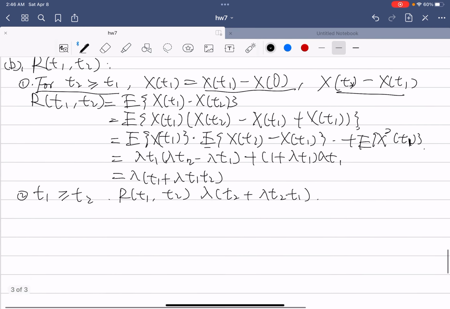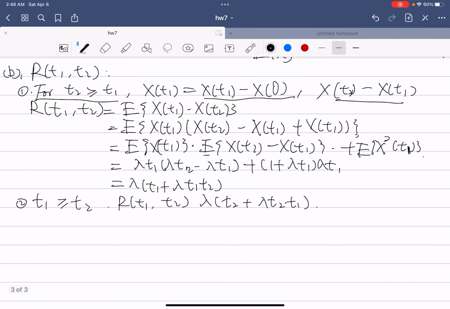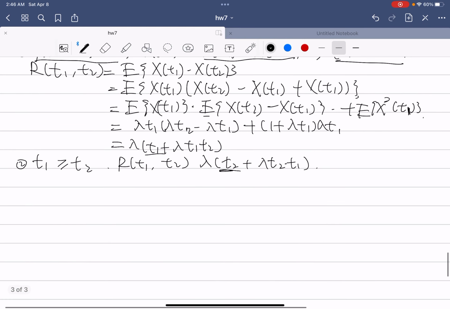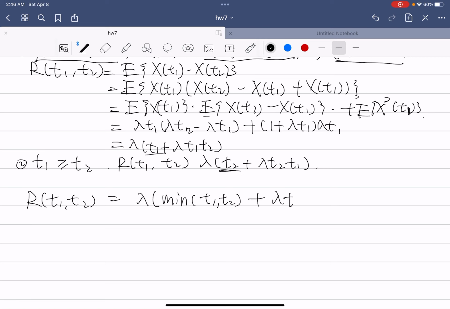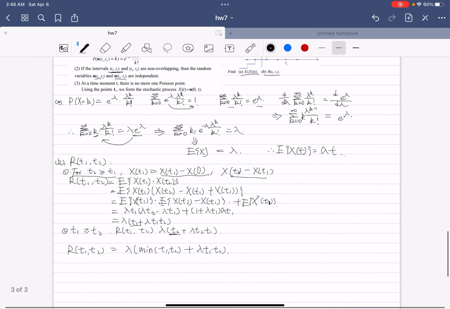We can see the difference of the two expressions is just T1 and T2 swapped. So in general, the autocorrelation R(T1, T2) will be lambda times the minimum of T1 and T2, plus lambda squared T1 times T2. That's it.